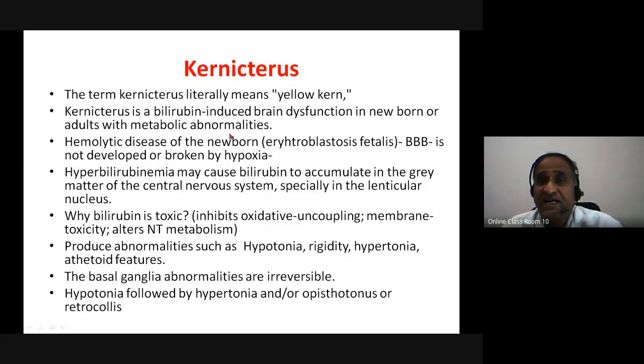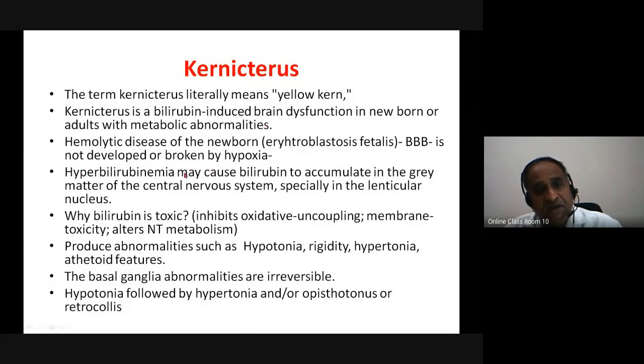So it crosses the blood-brain barrier, because you know that bilirubin is attached to albumin, and albumin-attached bilirubin will not go. There are some bilirubin transporting mechanisms that would reach it. Now coming back here, Kernicterus is a bilirubin-induced brain dysfunction in a newborn or adults with metabolic abnormalities.